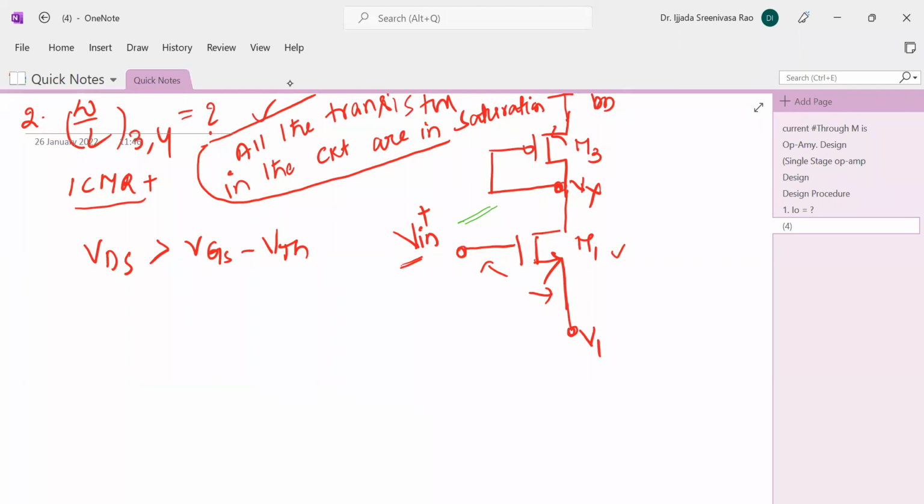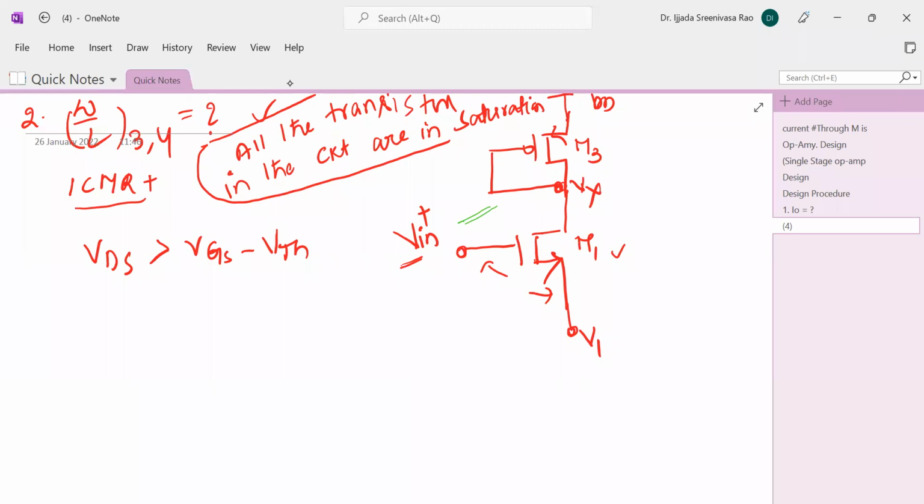That is the input common mode maximum. Maximum value means you cannot apply more than the allowed value. Because 1.6 volts is given as ICMR maximum. If you give 1.7, then M1 enters into the triode region, thereby M3 also enters into the triode region. All the transistors must be operating up to saturation only.